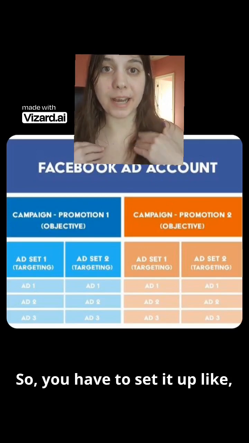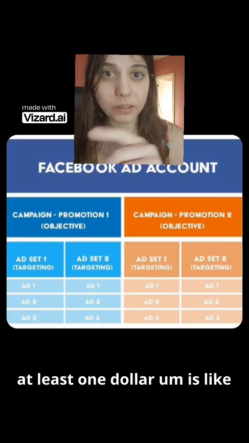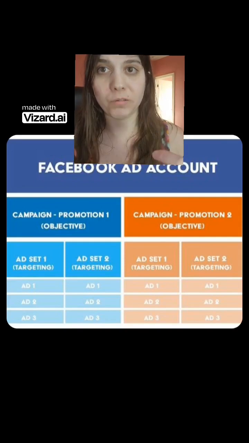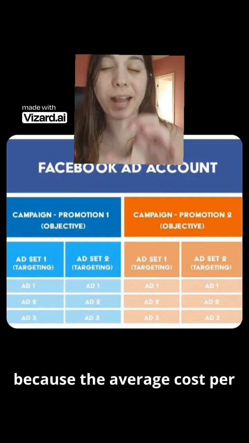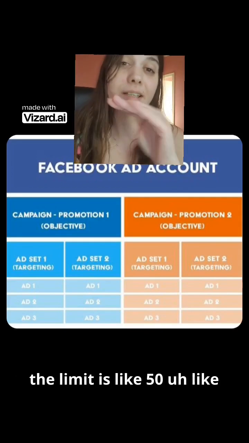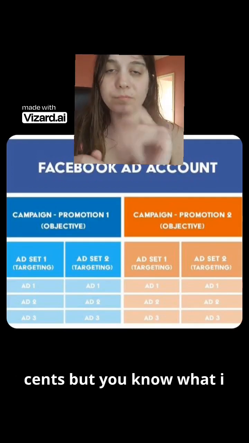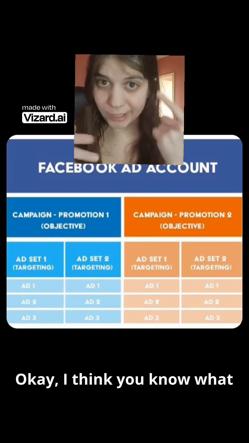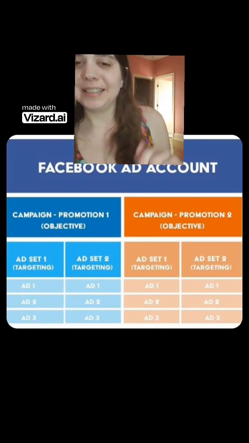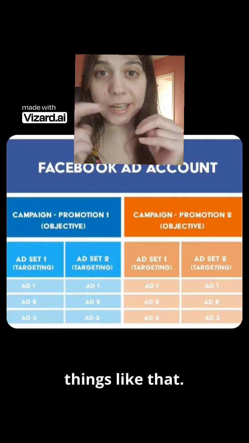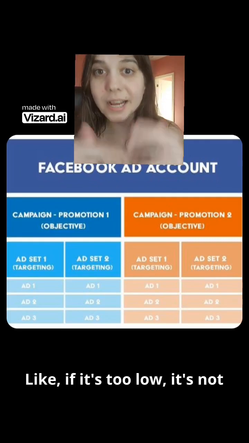So you have to set it at least at $1, which is the average cost per click. So the limit isn't $1 because the average cost per click is $1. Let's say the limit is like 50 cents. But you know what I mean. I think you know what I'm trying to say. So there are things like that. If it's too low, it's not going to run.